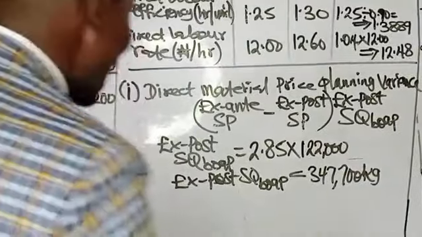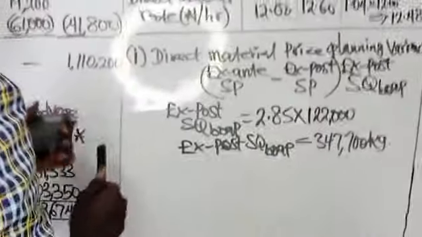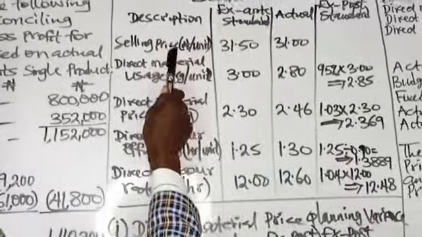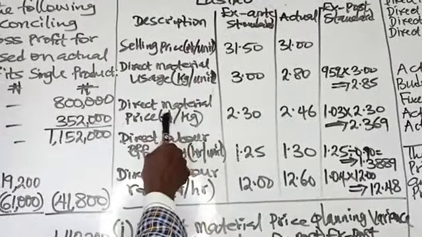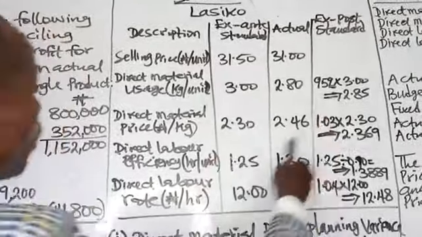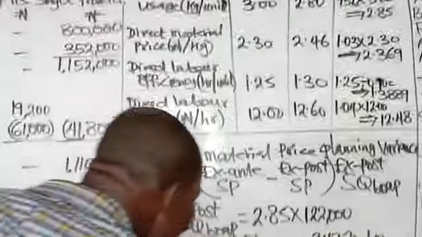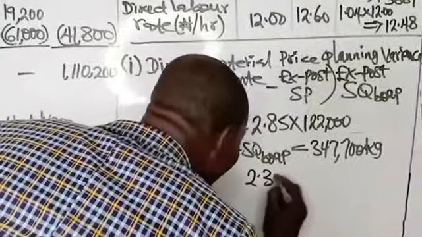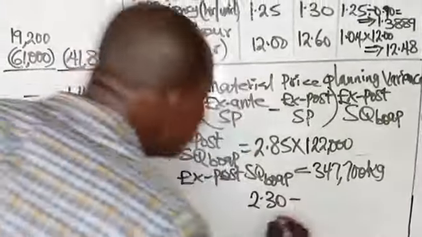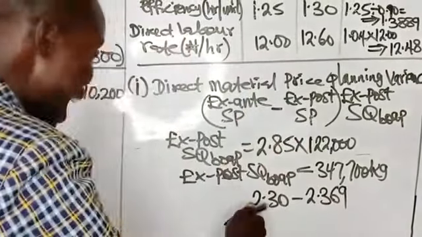Now, in that case, what is the ex ante standard price? Ex ante standard price is 2.30, and ex post standard price is 2.369. Therefore, we have 2.30 minus 2.369. This is ex ante.